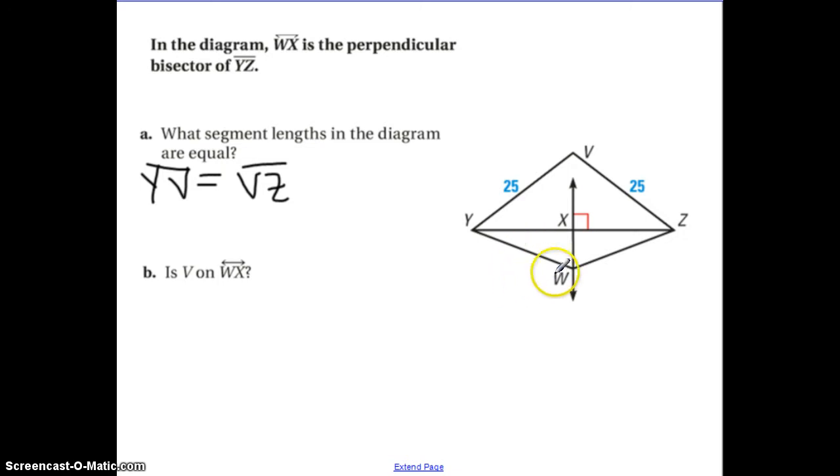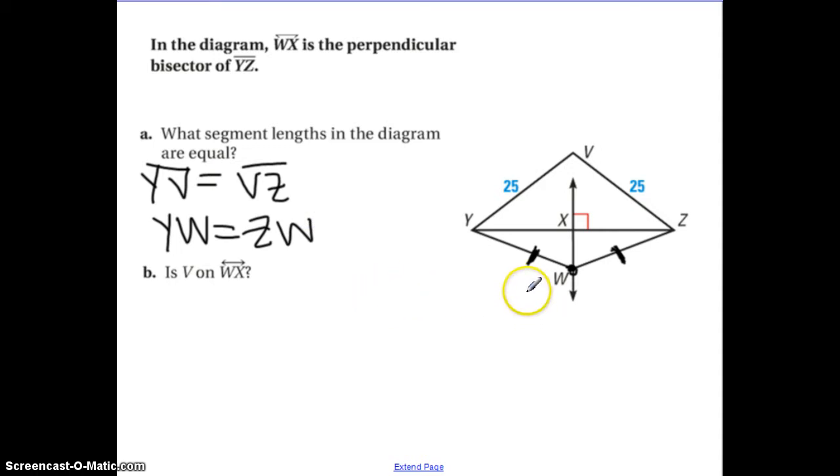Well, there is, because if this line WX is a perpendicular bisector to YZ, then by our theorem 5.2, the perpendicular bisector theorem, these two lines have to be equidistant. This point lies on that perpendicular bisector. Therefore, the length of this line and the length of this line must be the same. So by theorem 5.2, we know that YW is equal to ZW.